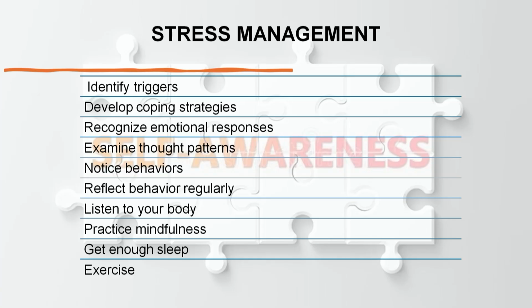Practice mindfulness. As we have said, meditation and mindfulness are very important. Go to sleep at the required time. We avoid sleep. At least 6 to 8 hours of sleep is a must for sound mental development, and that we should follow. So go to sleep at the right times. Have a nice place where you can sleep.